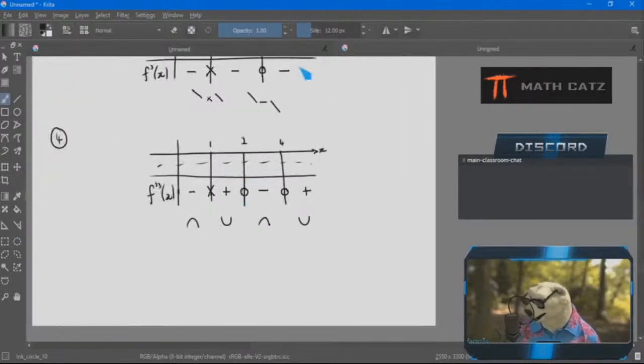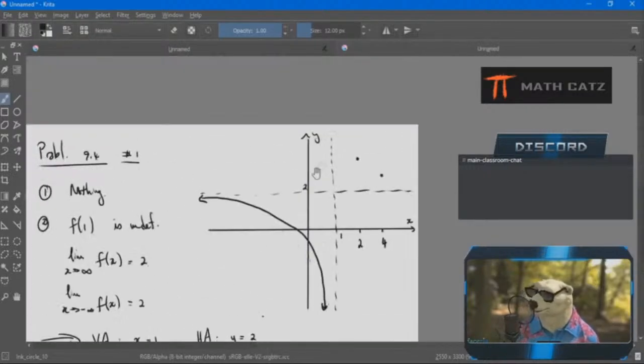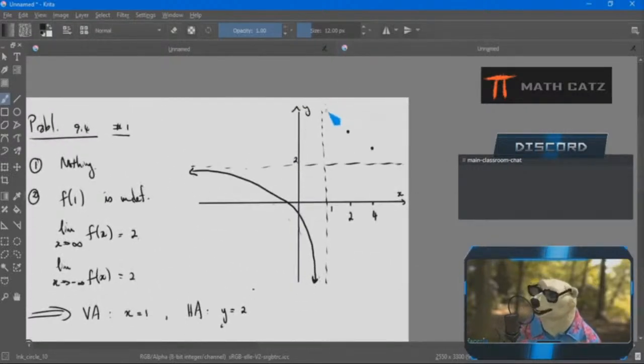Now I have to remember these things are in different spaces. I'm going to have to move up and down, so I have to remember 1 to 2, I'm bending up, then down, then up. Up, down, up. So I'm coming from high up. Of course, horizontal asymptote here. Horizontal tangent at x equal to 2.